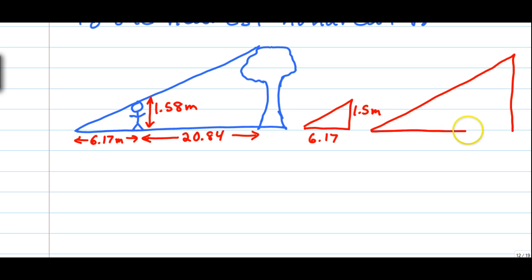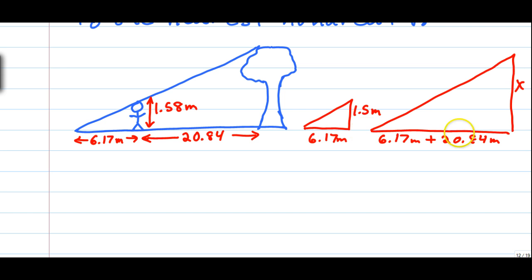This larger triangle is actually coming from the tip of our original to the base of the tree. We know by looking at this one that it's going to be the 6.17 meters plus the 20.84 meters to create the base. What we don't know is the height. That height is the height of the tree, which we're attempting to solve for.